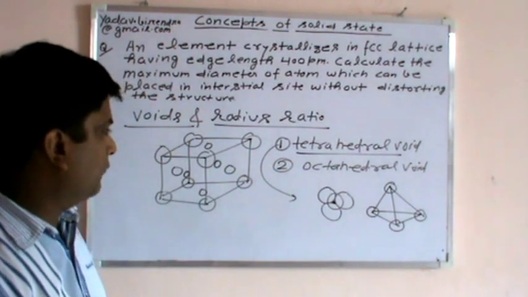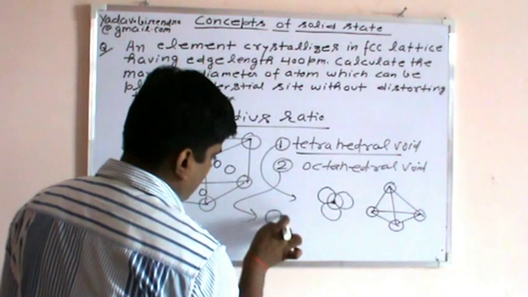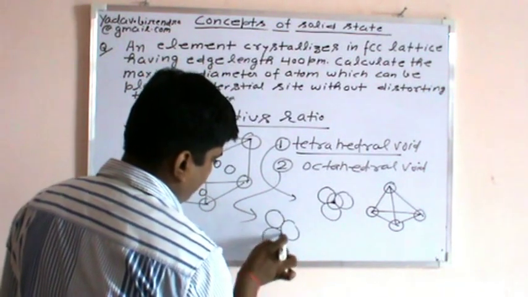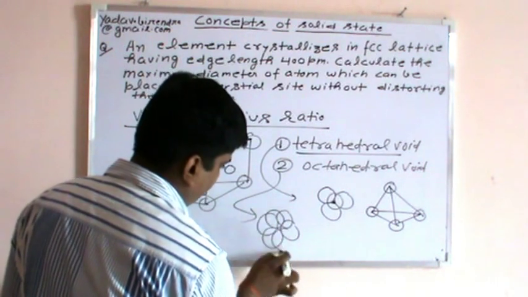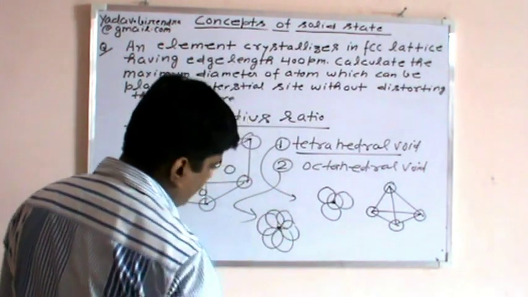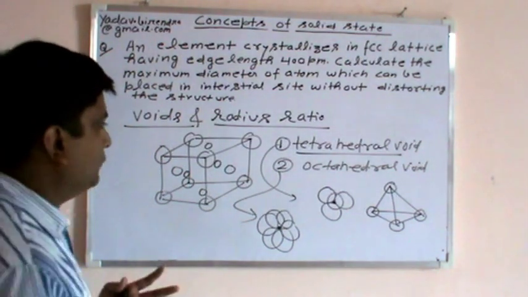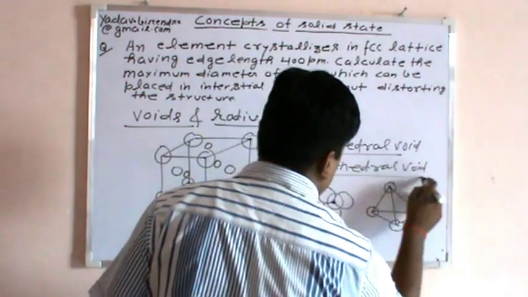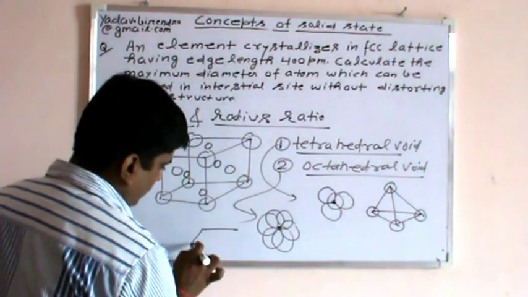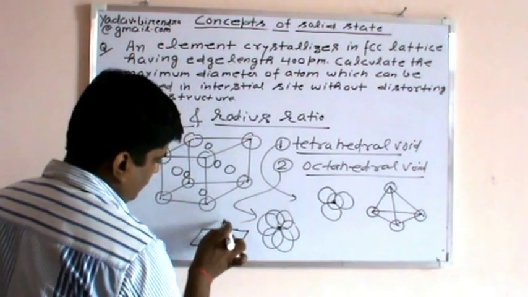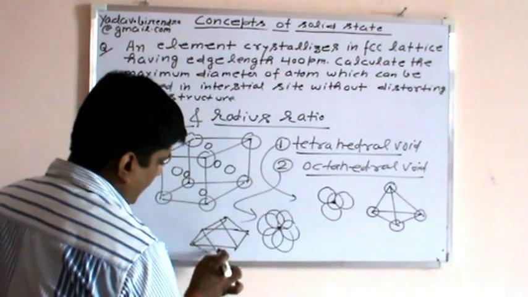Now what is octahedral void? If we place 6 atoms in this manner, the void here between these 6 atoms is called octahedral void. Now why do we call this as octahedral void? If you join the centers of these 6 atoms, we get an octahedron.